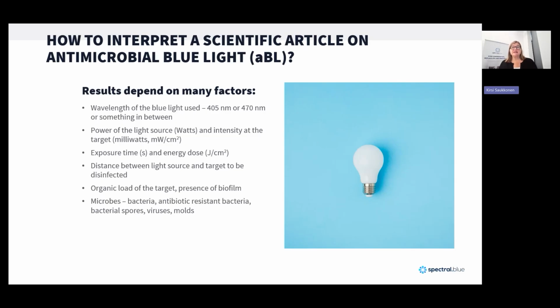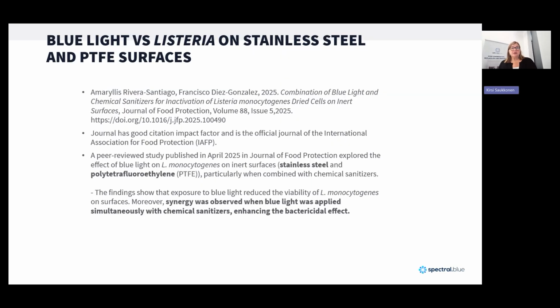And then some articles that I picked from the 200 plus articles, and they are of course mainly in the food area. So here is an article from the Journal of Food Protection, an official journal of the International Association of Food Protection, and it's very highly appreciated in this area.